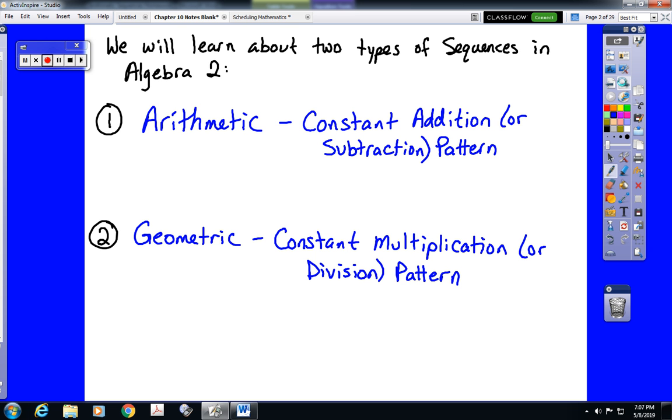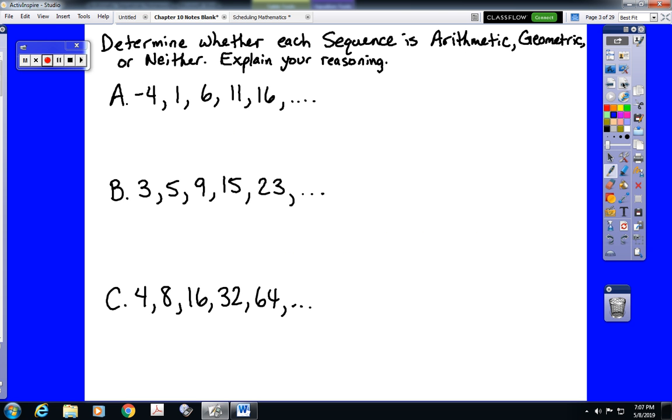So let's do some examples of telling those apart. Here are three sequences. The directions are very clear. Determine whether the sequence is arithmetic, geometric, or neither, and explain your reasoning. So, we look for a pattern. If we look closely, we will see that in this particular sequence, we are adding 5 over and over and over again.